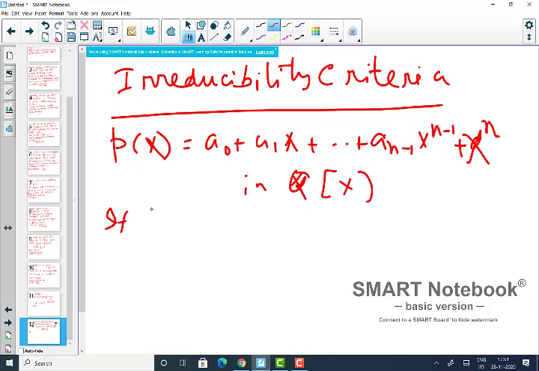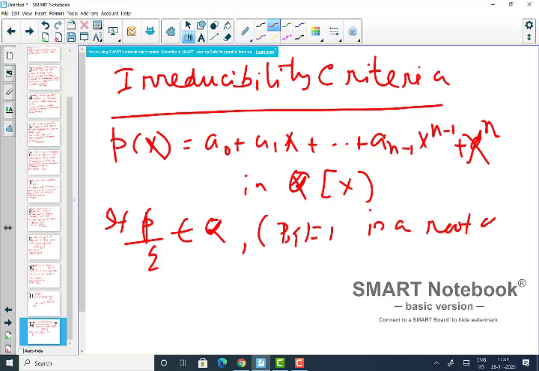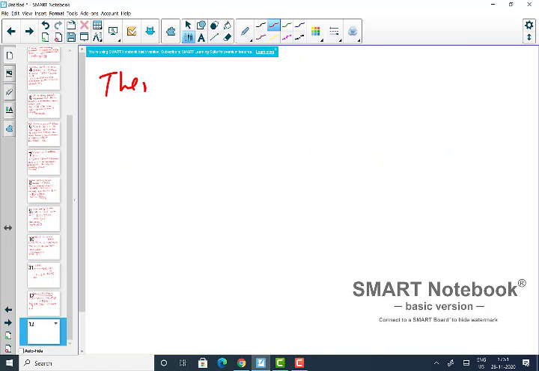So if you have something, say p by q, which belongs to Q. Here let me assume that GCD is 1, the smallest such fraction, and it is a root of p(x). Then p of p by q is 0, right? This is a root.